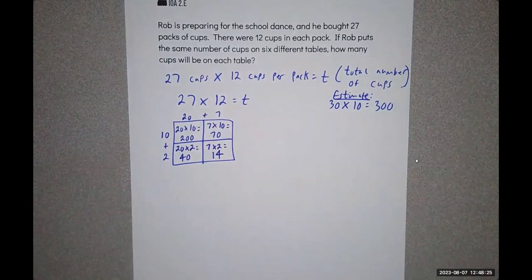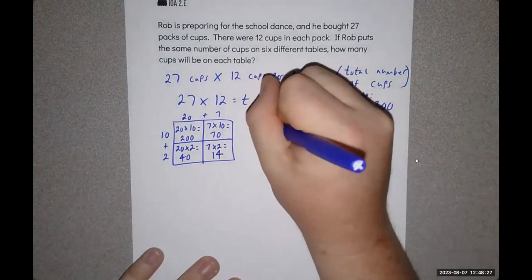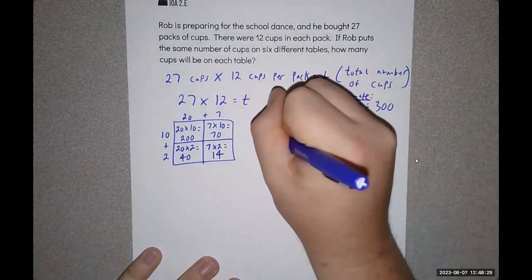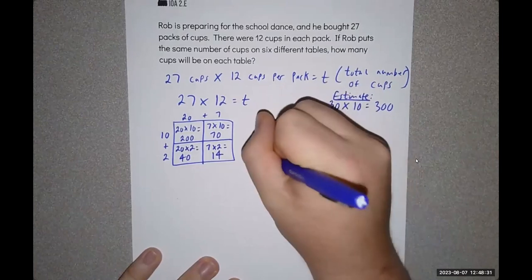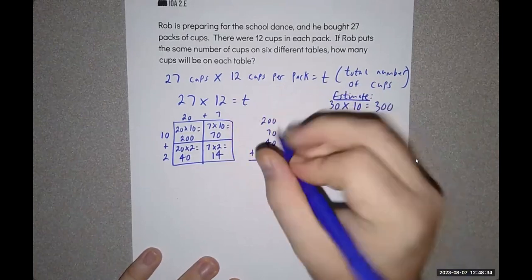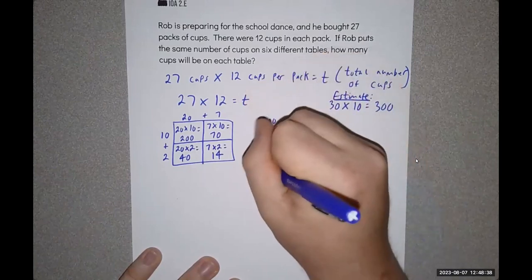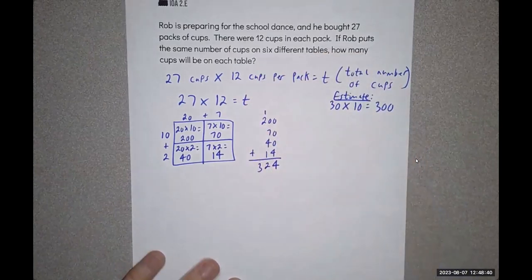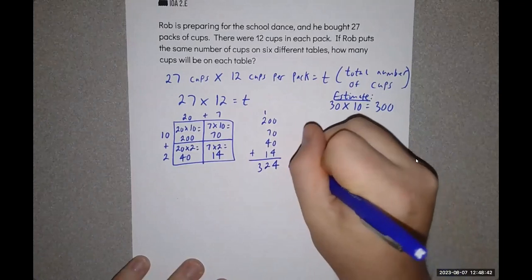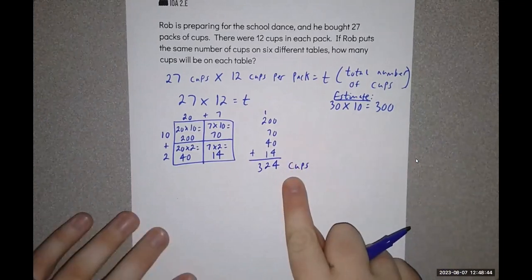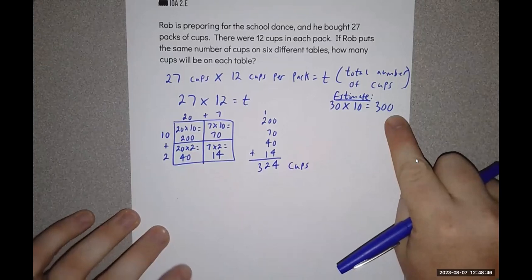Now I'm going to add my partial products. 200, 70, 40, and 14. And when I add that, I get 324 cups as my product. And you can see that's close to our estimate of 300.